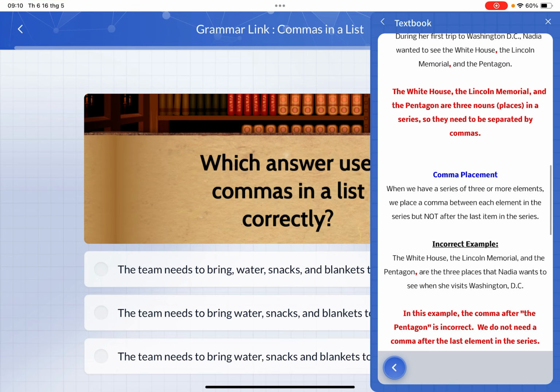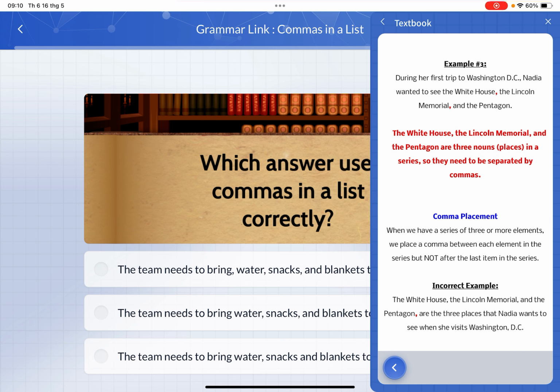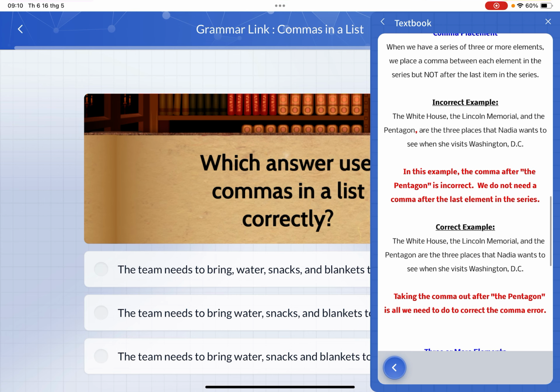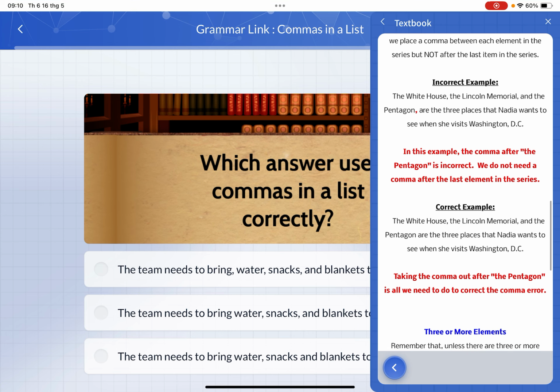When we have a series of three or more elements, we place a comma between each element in the series, but of course not after the last item in the series. For example, "the White House, the Lincoln Memorial, and the Pentagon," with a comma after the Pentagon just doesn't make sense. A comma after the Pentagon is incorrect because we do not need a comma after the last element in the series, because the series just ends there.